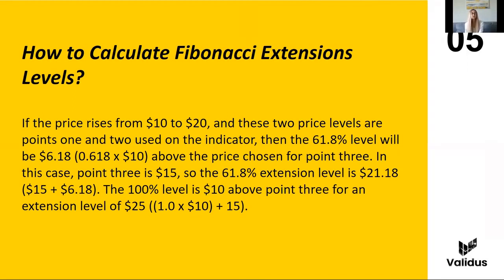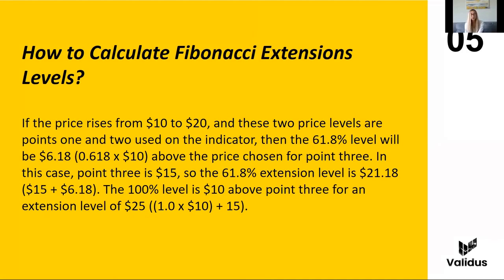So the 100% level is $10 above point 3, for an extension level of $25. It will be 1 because it's 100%. So you take 1 multiplied by the difference of $10 plus $15, and this will be the 100% level.